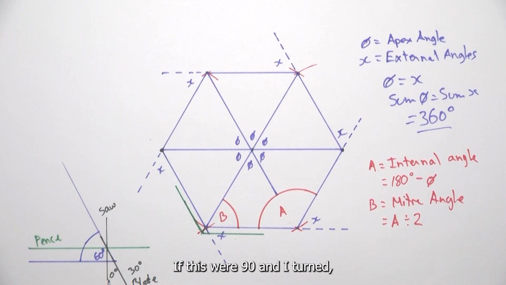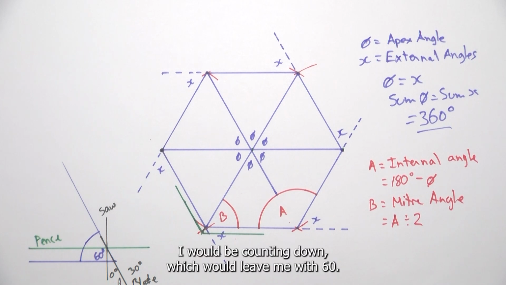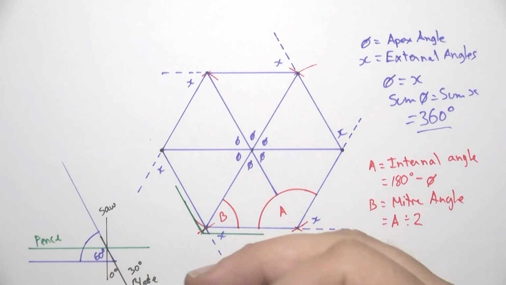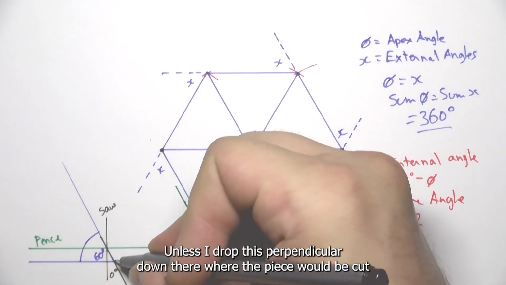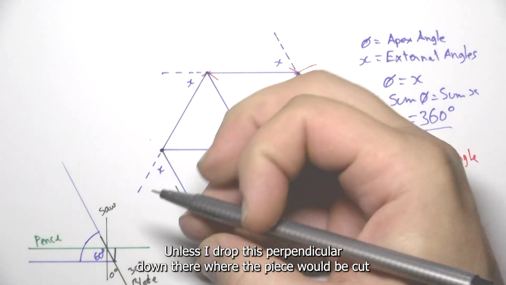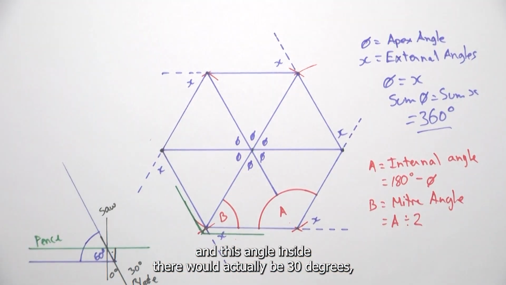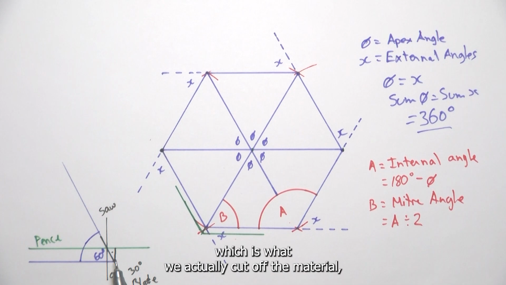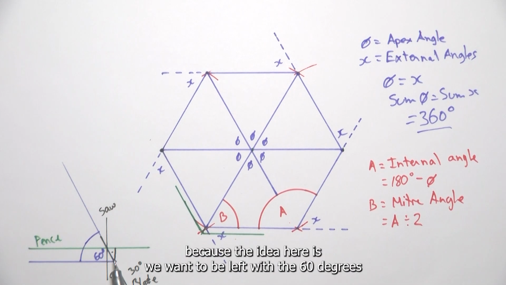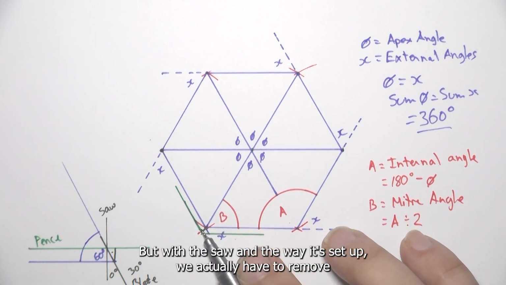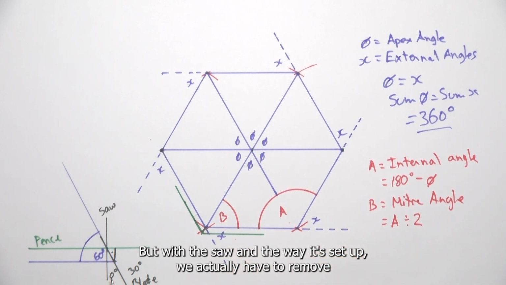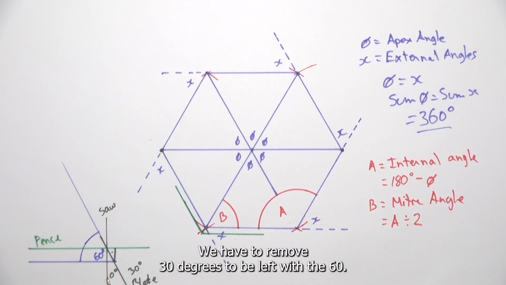If this were 90 and I turned, I would be counting down, which would leave me with 60. This corresponding angle over here is also 60 degrees, right? Unless I drop this perpendicular down there where the piece would be cut, then this angle inside there would actually be 30 degrees, which is what we actually cut off the material. Because the idea here is we want to be left with the 60 degrees to satisfy the mitre angle of this hexagon. But with the saw and the way it's set up, we actually have to remove the opposite of that. We have to remove the 30 degrees to be left with the 60.